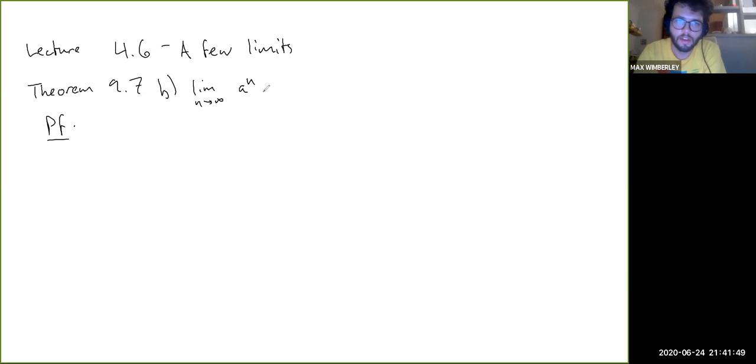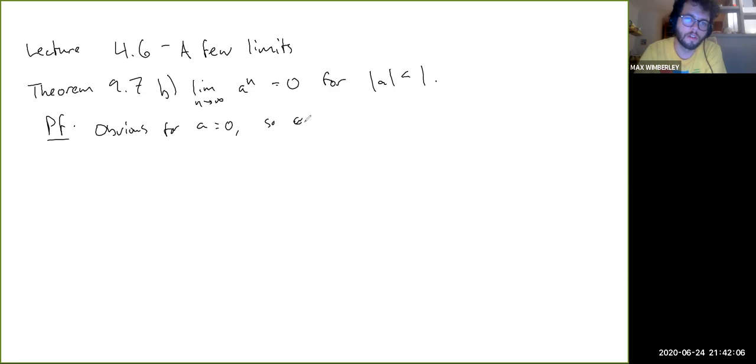But yeah, the limit of a to the n should be 0 for absolute value of a less than 1. So this is obvious for a equals 0. So consider, or assume at least, oops.